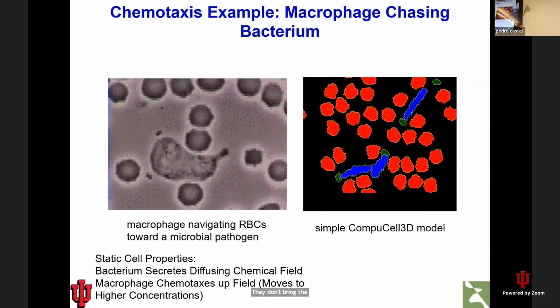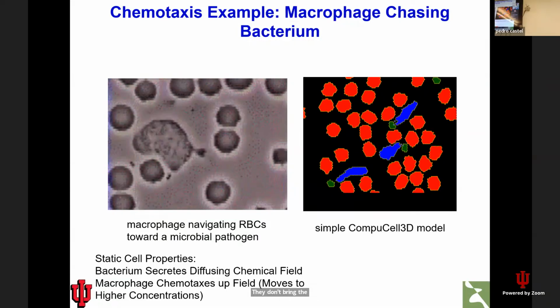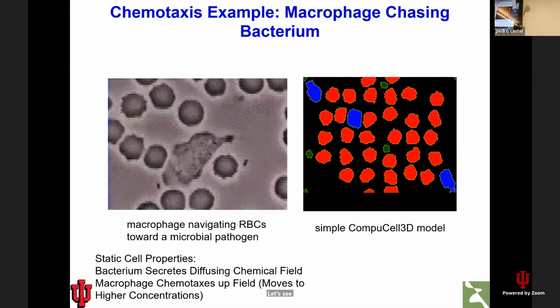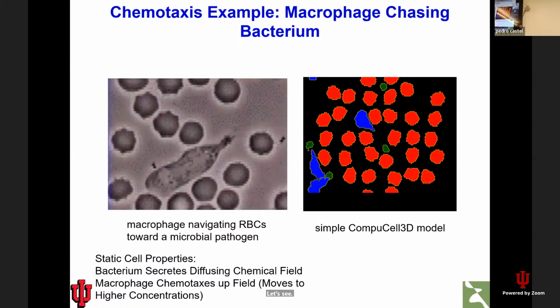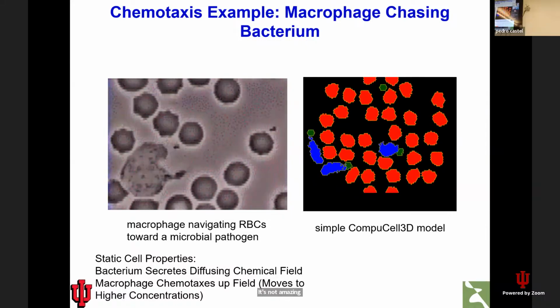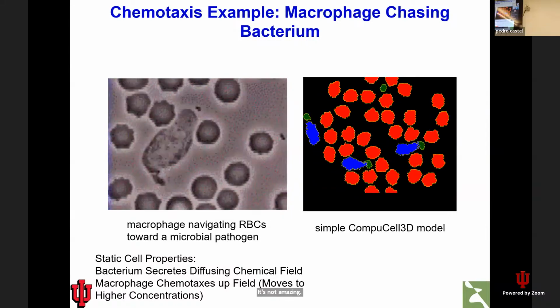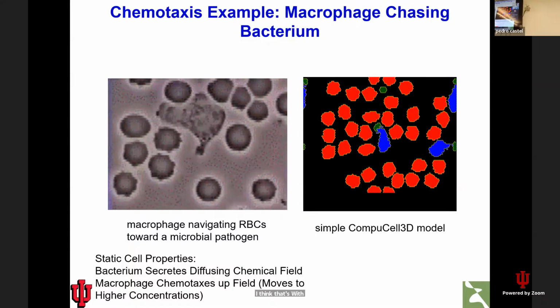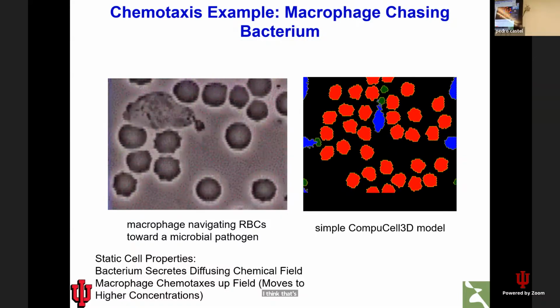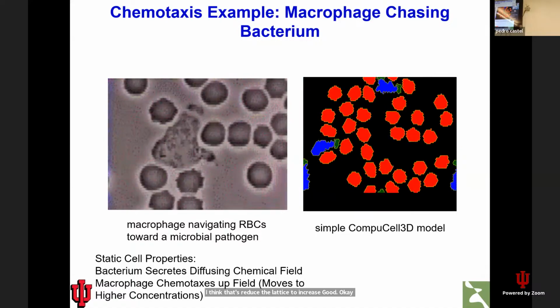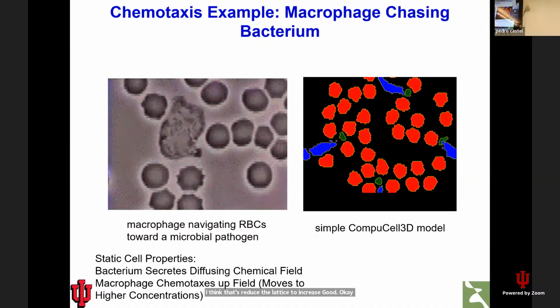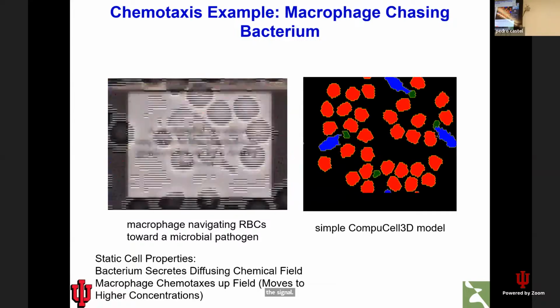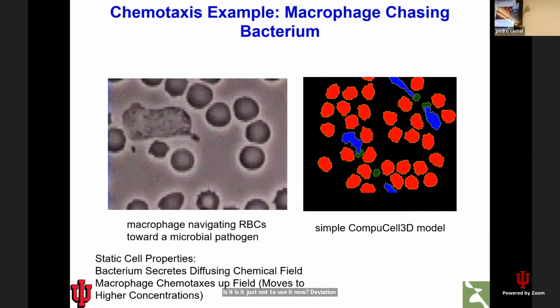Let's see, it's supposed to be secreting for the flame. It's not diffusing very much. Maybe reduce the lattice to increase probability. But okay, the signal is it just not diffusing now? Maybe I should make it secrete more at this time.